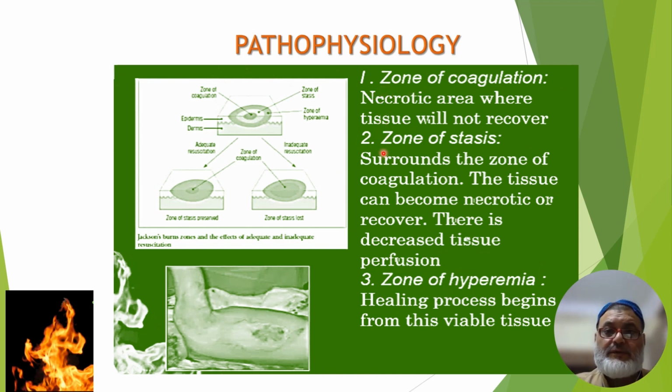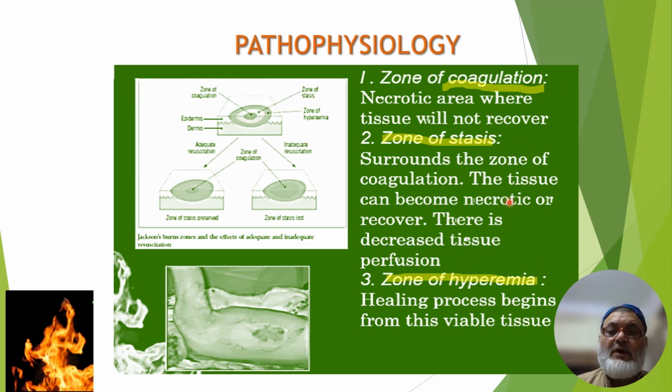There are three zones in the wound. Number one, the zone of coagulation. Another one is the zone of stasis, and the zone of hyperemia. The zone of coagulation is the central area of the wound, the necrotic area where the tissue will not recover.